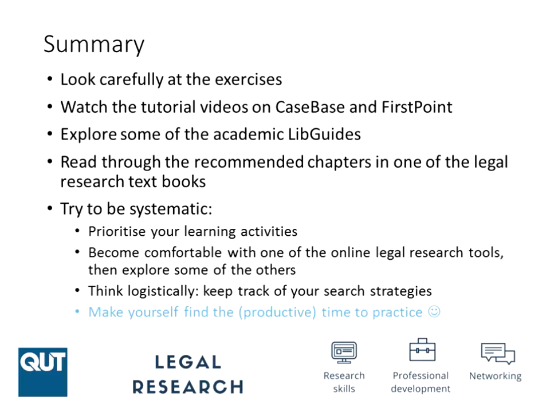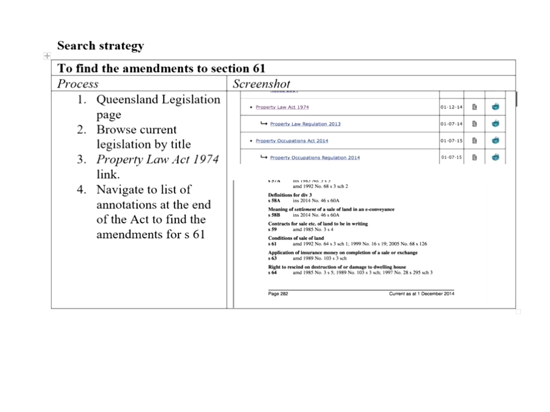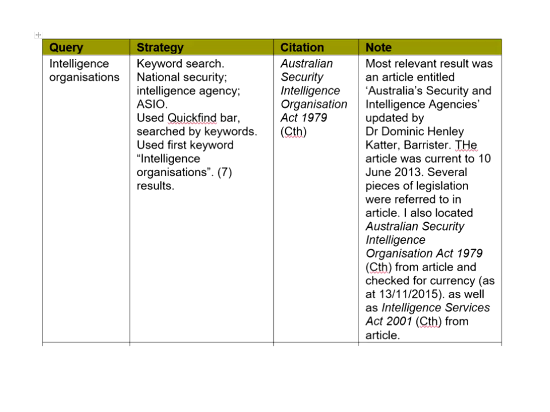Okay, so let me just go back to that example there. To find amendments to a certain section of an act, it was going to the Queensland legislation, browsing by title, then following the links and navigating to the annotations at the end of the end notes, etc., to be able to find things there.